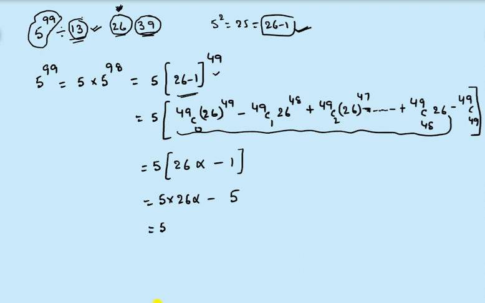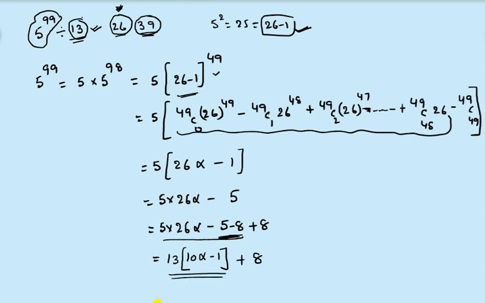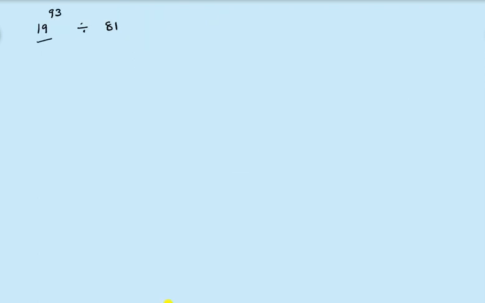So what I am doing is this is equal to 5 into 26 into alpha minus 5 minus 8 plus 8, because this can be expressed in terms of 13. Now from this entire term we can take 13 common. If you take 13 common, we are getting 10 alpha minus 1 plus 8. It is exactly divisible by 13. So we are getting the remainder as 8.